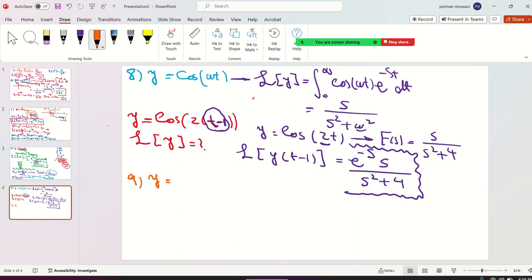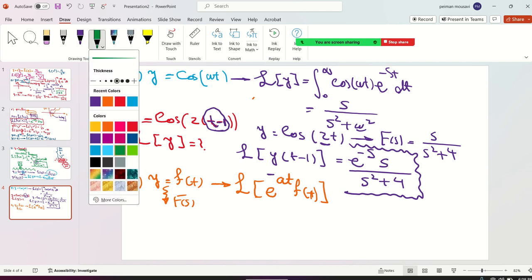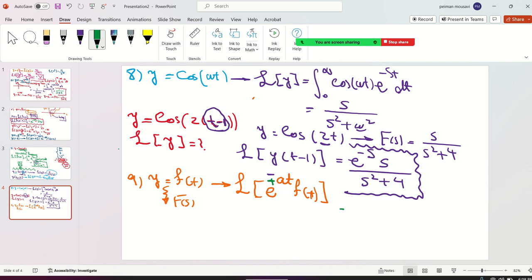If you have a given function y equal to f of t and its Laplace is F of s, so the Laplace of e to the at f of t, if you multiply by an exponential term, I'm going to select different colors, minus and plus, is going to be F of s minus a. I'm going to select the same colors. Minus is going to be plus here, plus is going to be inverse, minus, here.